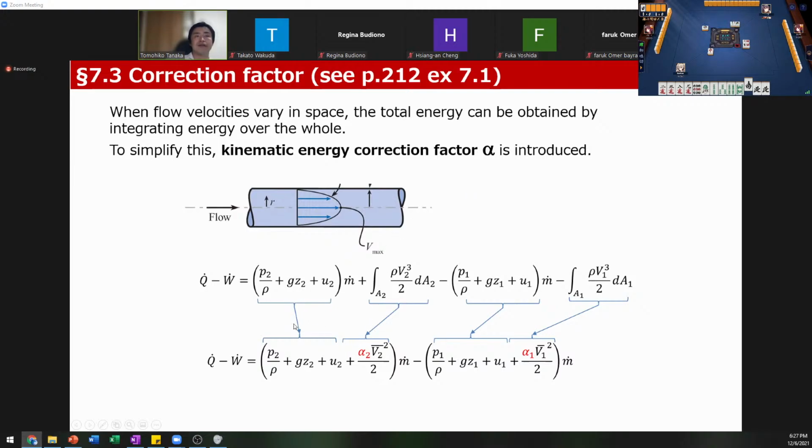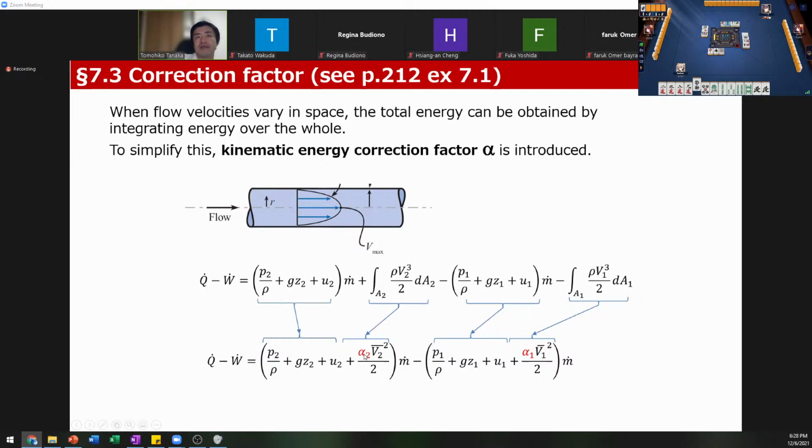And then you can rewrite this equation to the equation at the bottom. The pressure and potential and internal energy terms are the same. The difference is the integration term.